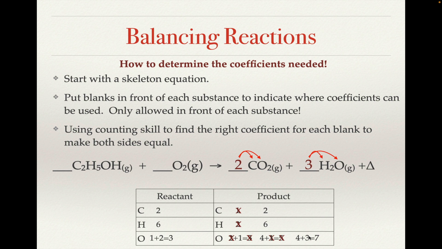I have 7 oxygens on this side. That's okay, though, because now I have 1 oxygen here plus something times 2 to give me 7. So I need to get 7 of these. 1 plus 6 gives me 7. So if I make this a 3, I have 1 plus 3 times 2. That would end up being 7.